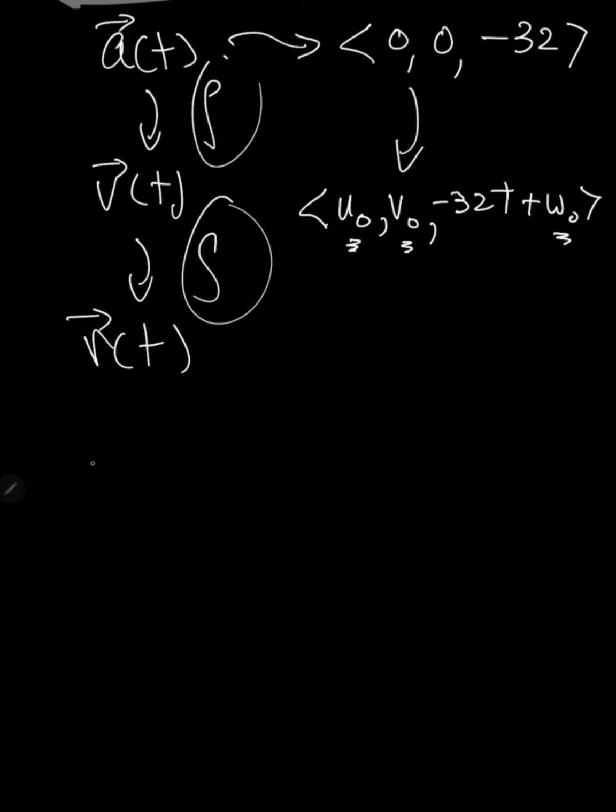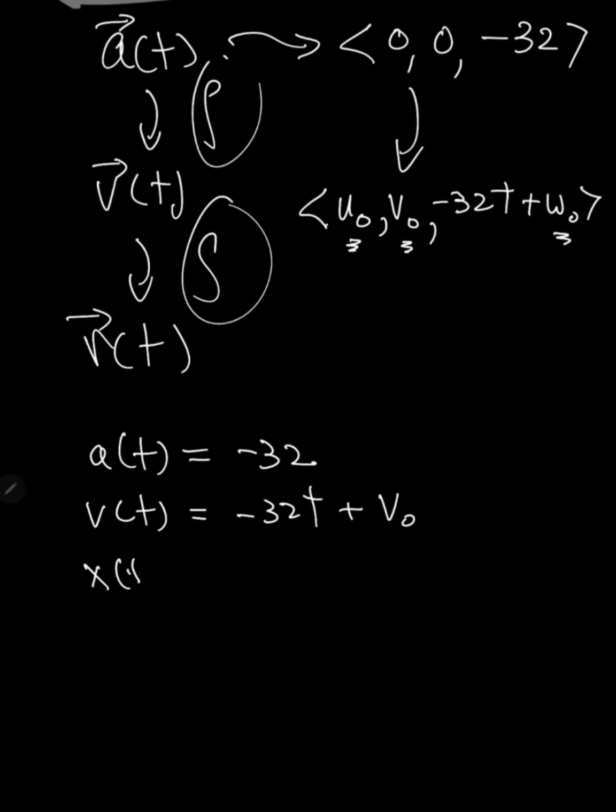And again, you can compare this with single variable calculus. If we're doing simple projectile motion, then we get v of t is minus 32t plus v0. And of course, x of t, our position, would be minus 16t squared plus v0 t plus our initial position.